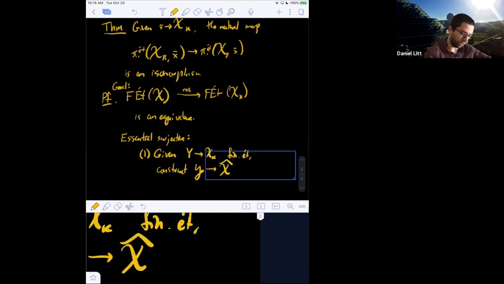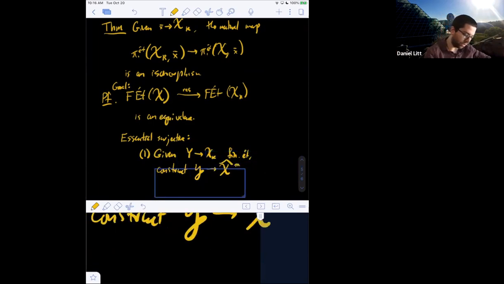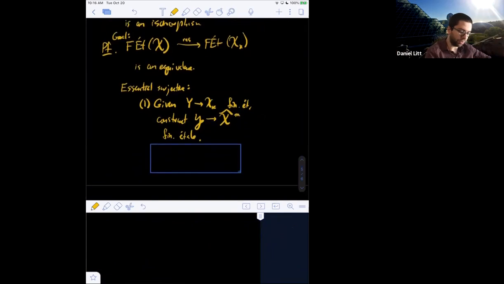So this is the completion of X at the maximal ideal M of the base, which is going to be finite étale. All right, so how does one do this?